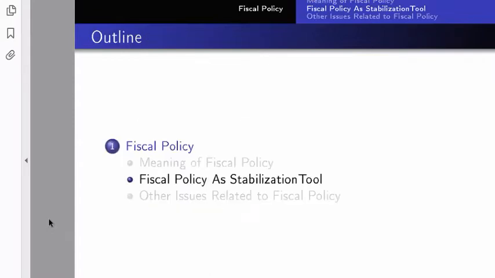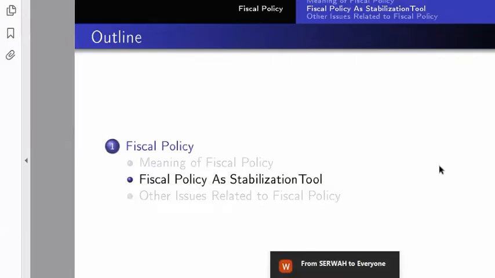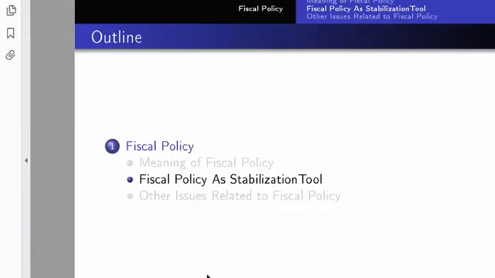All right. Now let's look at how we can use fiscal policy as a stabilization tool. I'll mute all of you here for now, and when the need be, I'll open it up for discussion. Sewa says she's lost.